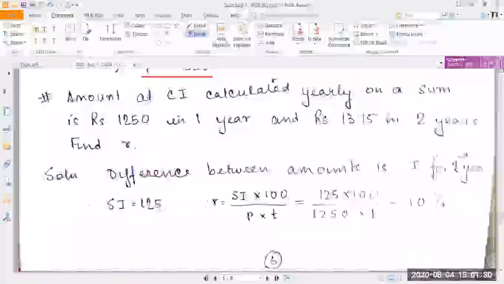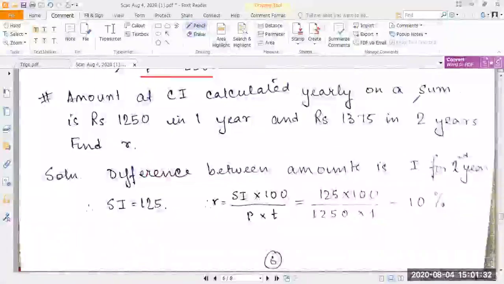So the next sum is: the amount at CI calculated yearly on a sum is rupees 1,250 in 1 year and rupees 1,375 in 2 years. Find R. So in this sum, my unknown variable that I need to find the value of is R, the rate of interest. Now, as we know, in case of simple interest, the principal remains the same throughout the period under consideration.